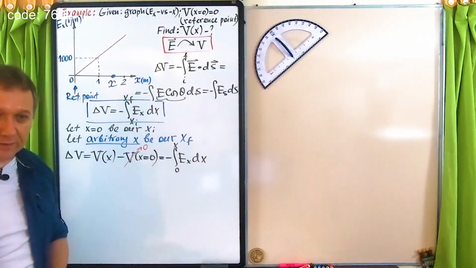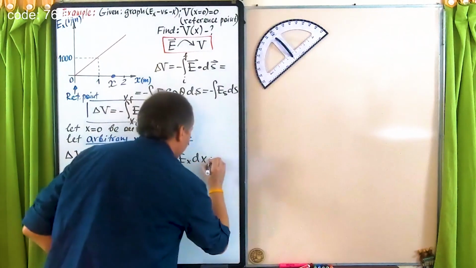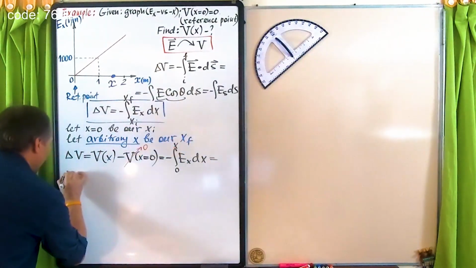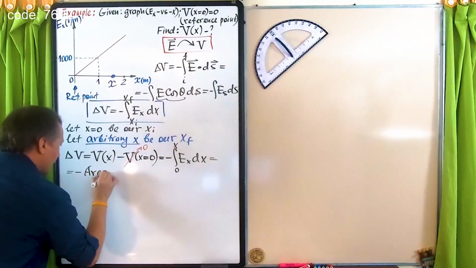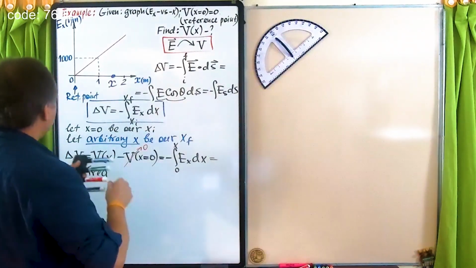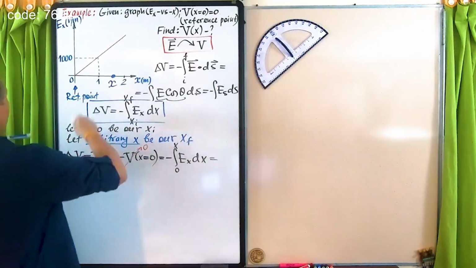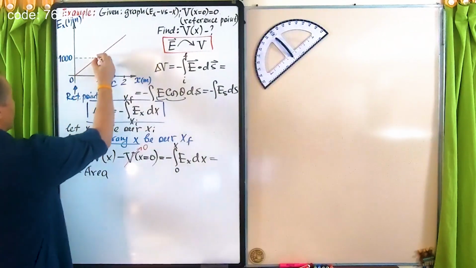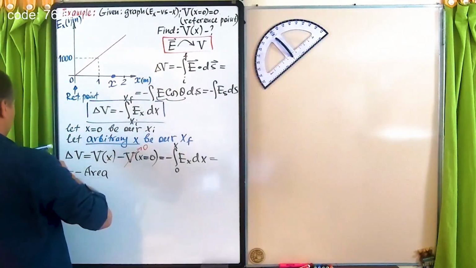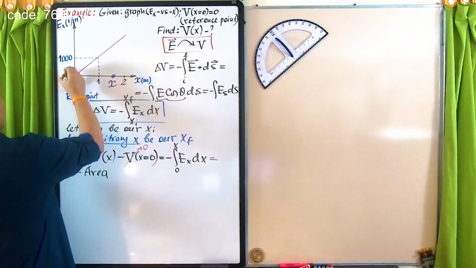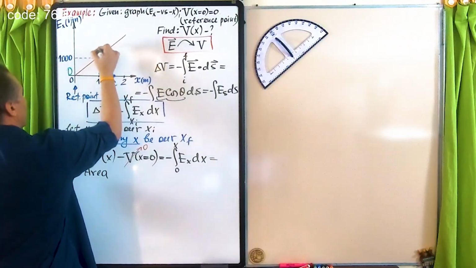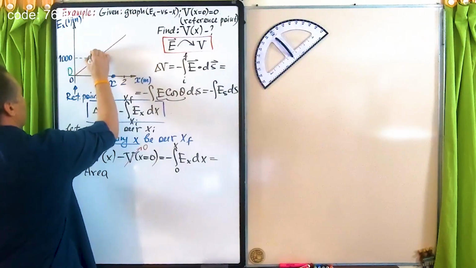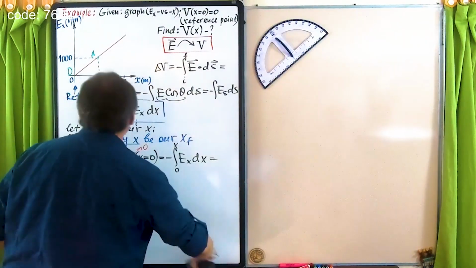Which area? Let me continue this line. So it equals minus the area of which curve? Let me label points. This is point O. Let me use a different color. This is point O. This is point A. Wait, not that one. Sorry.